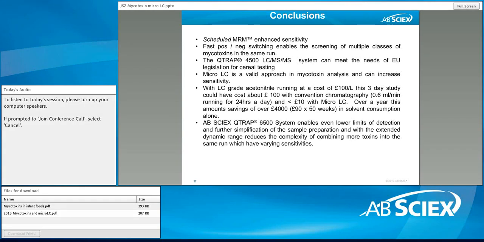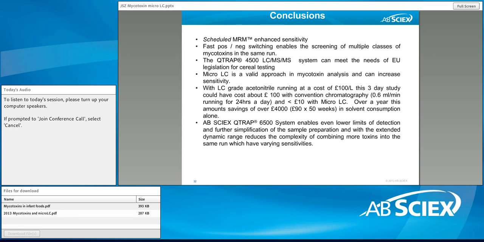And microLC is one possibility that we can use to increase the sensitivity of our testing system. With microLC, of course, you can also save cost regarding the buffer you use.